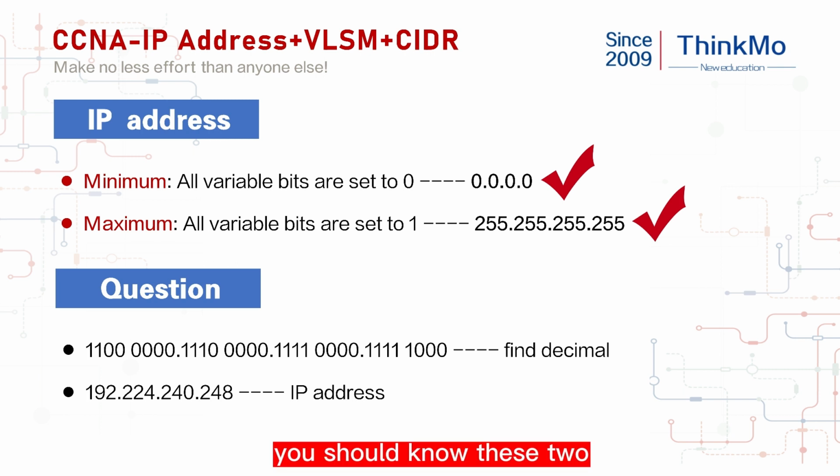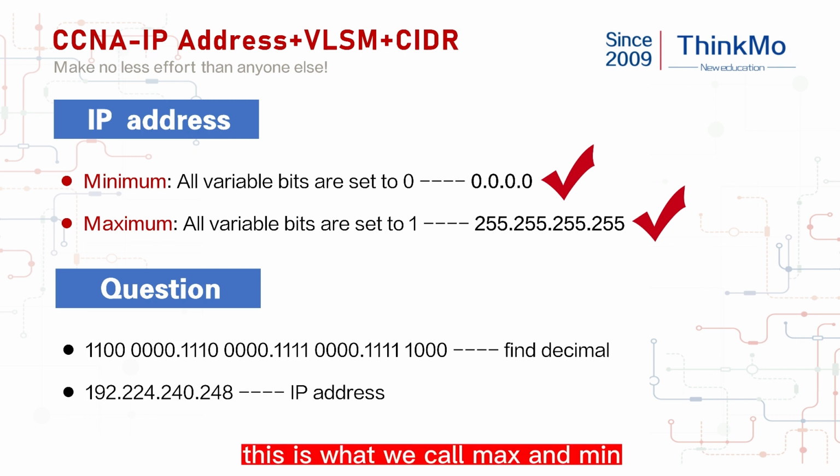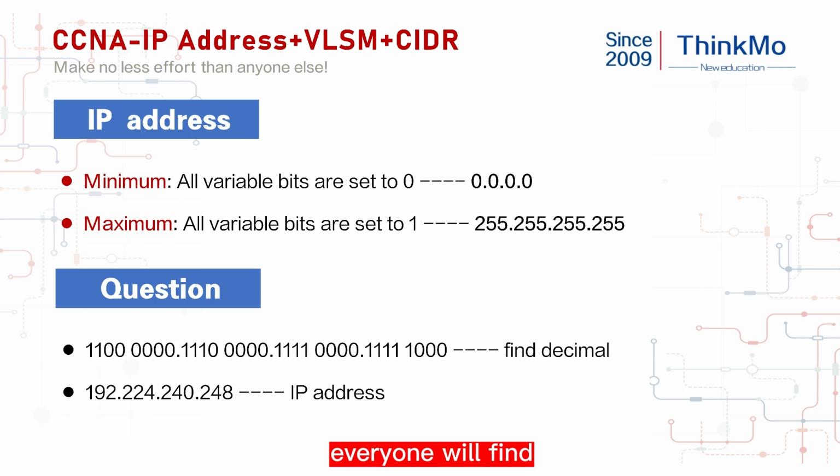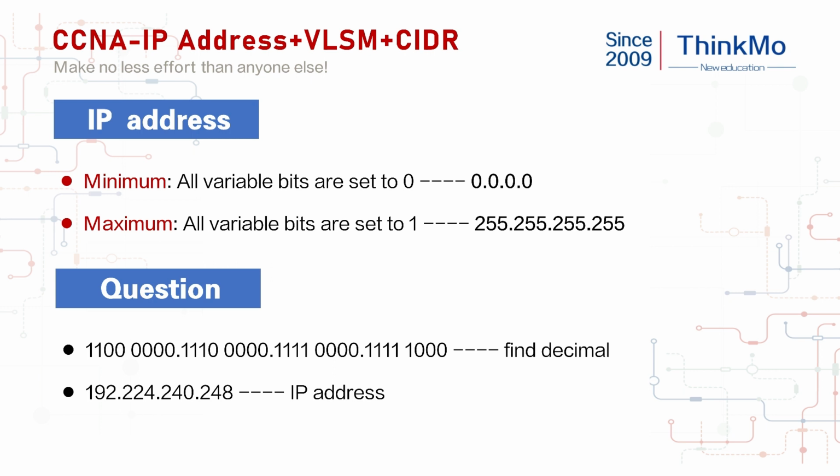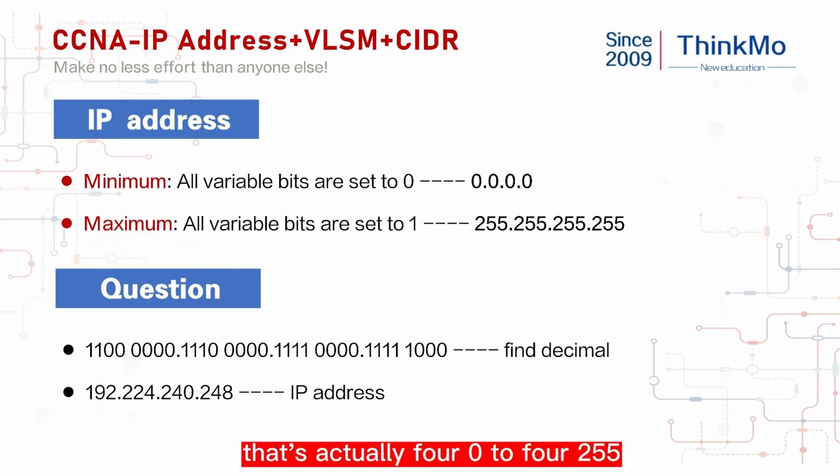You should know these two. This is what we call max and min. Everyone will find that since IP addresses have a maximum, they have a minimum. That's actually 0.0.0.0 to 255.255.255.255. This is the overall range of IP addresses.